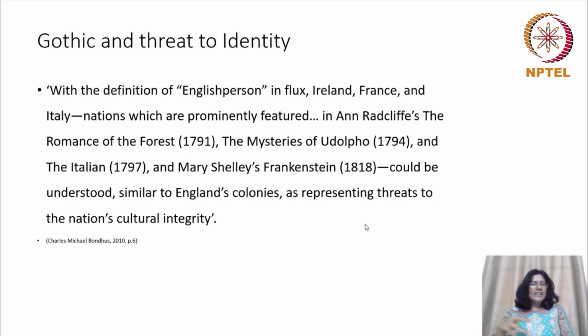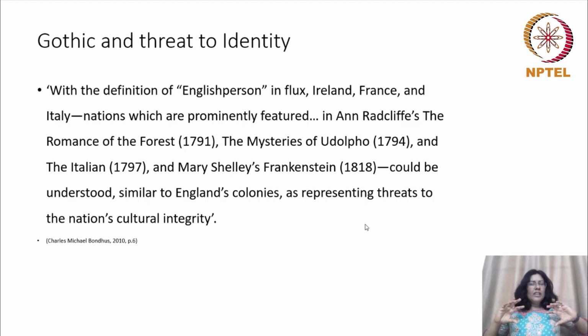So there is a kind of understanding that these fiction, Udolpho, Italian, Frankenstein, are somehow making sense of the threats to the nation's cultural integrity, the cultural identity as well.